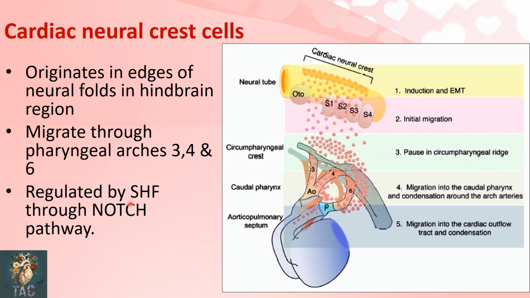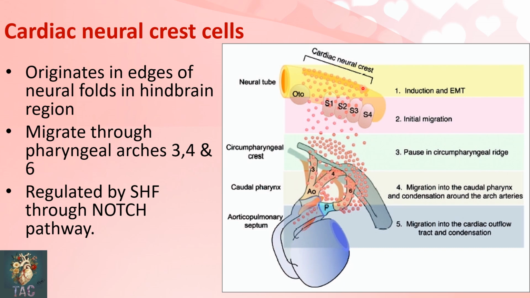This is very important to understand, because any anomaly in the secondary heart field, any deficiency in the Notch pathway, or any anomaly in which the neural crest cells fail to migrate will lead to defects in conotruncal septum formation and defects in the outflow region.